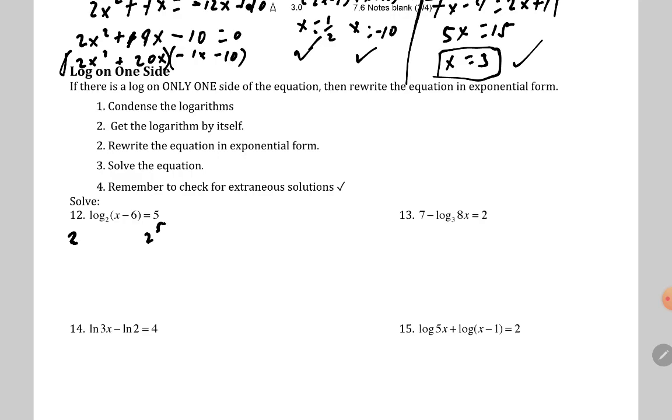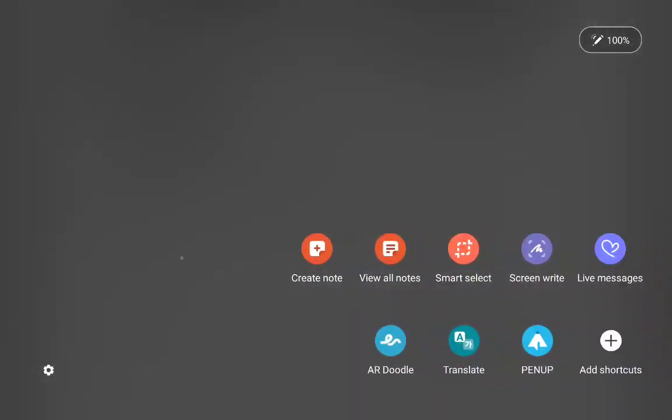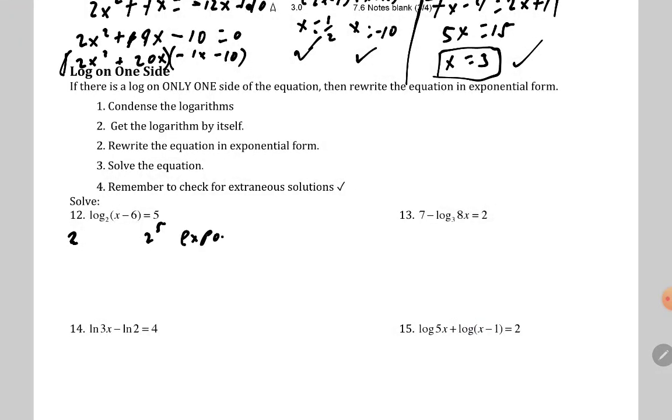So what I'm doing is exponentiating. Alright. 2 to the log base 2 cancels out, and you're left with x minus 6 equals 2 to the 5th. 2 to the 5th is 32. So we're left with x equals 38.